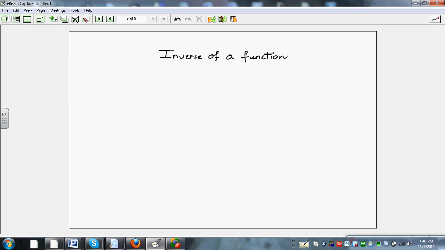To determine the inverse function, we follow this procedure.